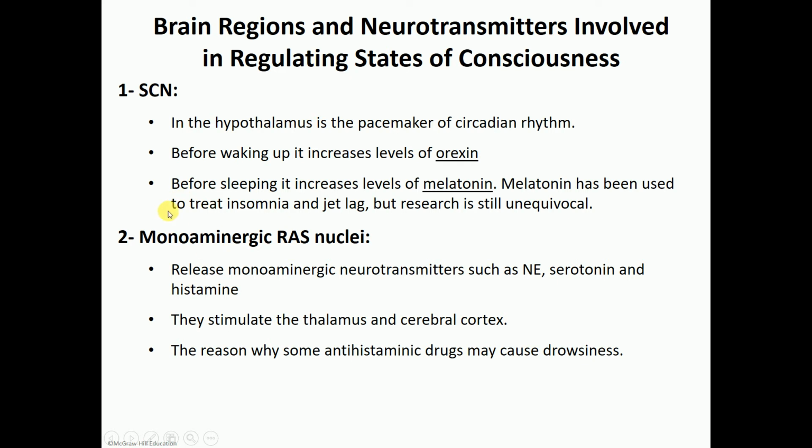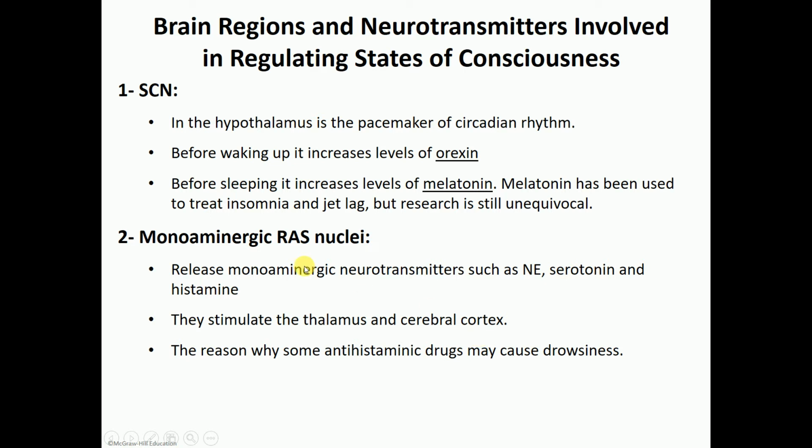The monoaminergic RAS nuclei release neurotransmitters like norepinephrine, serotonin, and histamine. As we mentioned already, they stimulate the thalamus and the cerebral cortex. So your thalamus would be your sensory gateway, and the cerebral cortex is what you want functioning as you're widely awake.